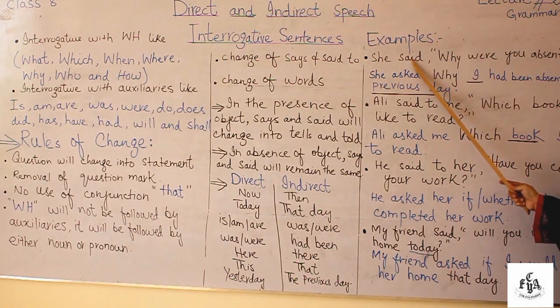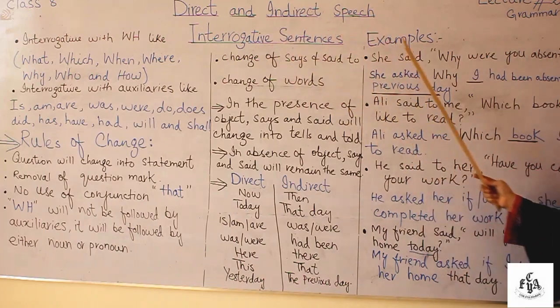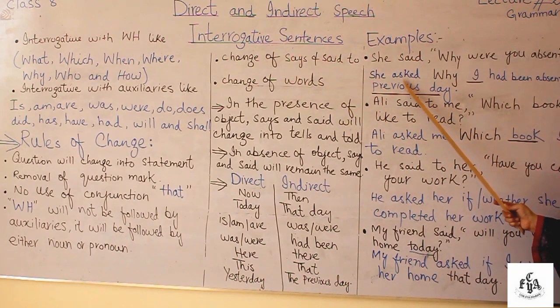As I told you earlier, if we are not having an object, we are not going to bring any change. Said will remain said, but if you have interrogative sentences, that will change into only asked. We will not put any object here.